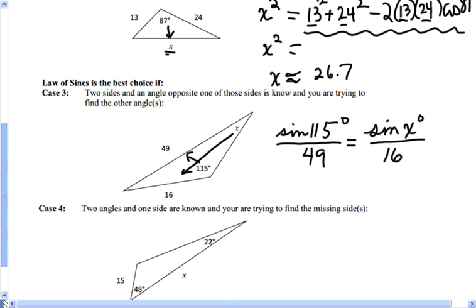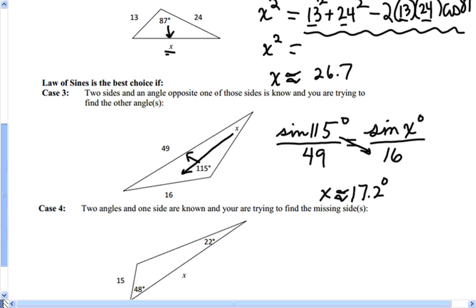And then you can use the cross products property, and you'll find that the sine of x is equal to the sine of 115 degrees times 16 divided by 49. Then you'll have to use the sine inverse to find the angle of that quantity. And if you do all that right, you will get x is equal to 17.2 degrees approximately.